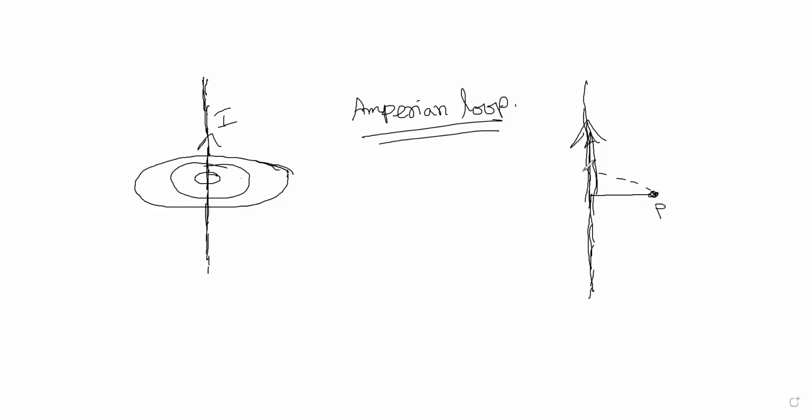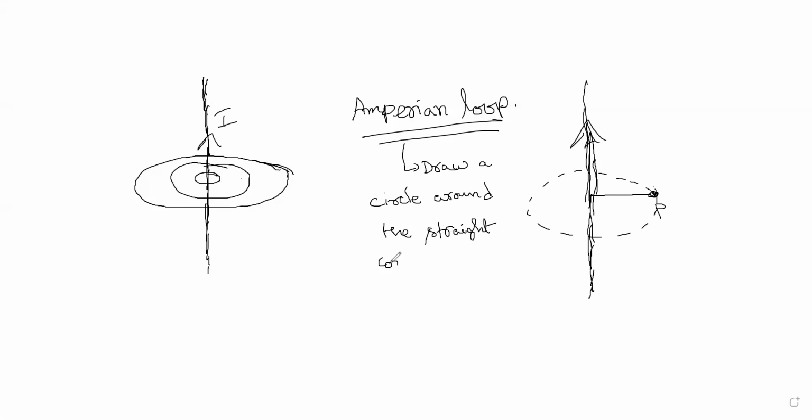From the point P, you describe a circle. You simply draw a circle around the straight conductor. That is what an Amperian loop is.